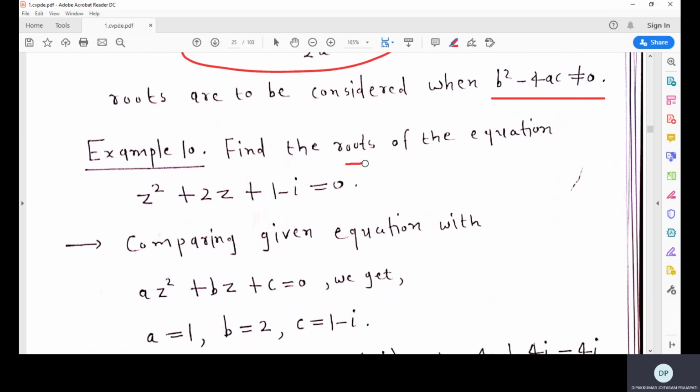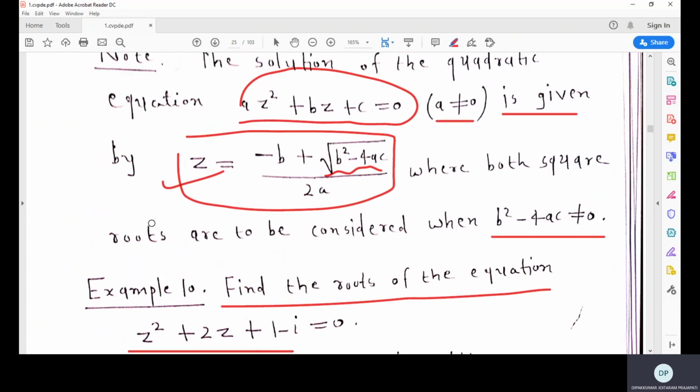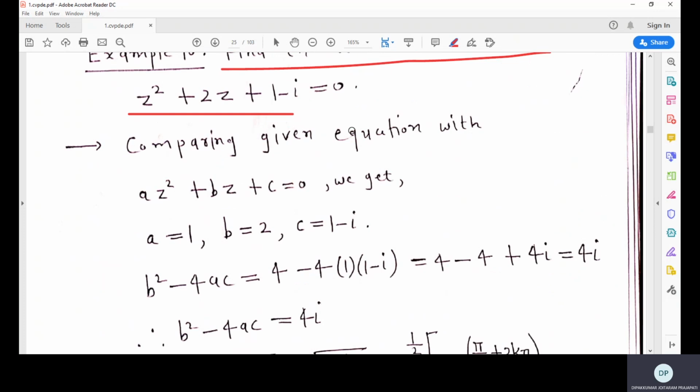So suppose we want to find out the roots of this equation, z square plus 2z plus 1 minus i equal to 0. We compare this with az square plus bz plus c equal to 0, and we obtain a equal to 1, b equal to 2, and c is 1 minus i.